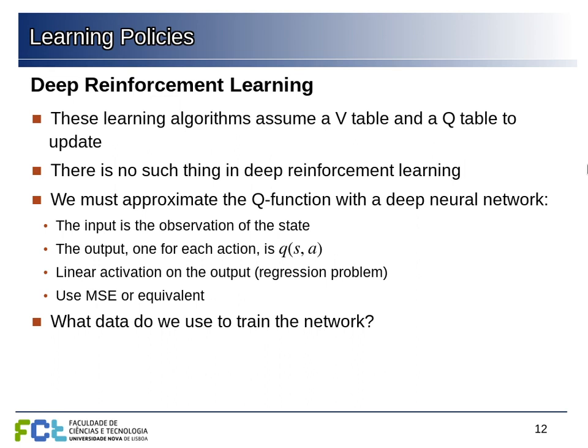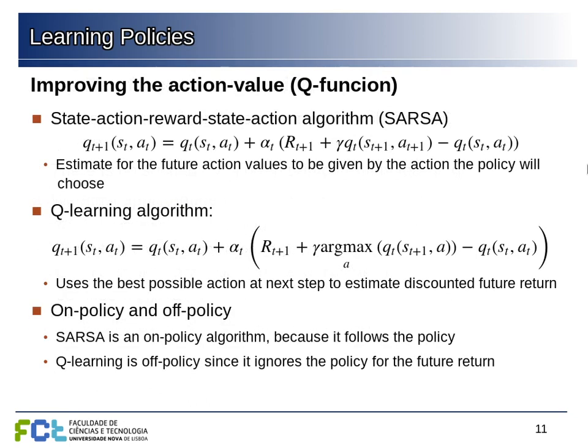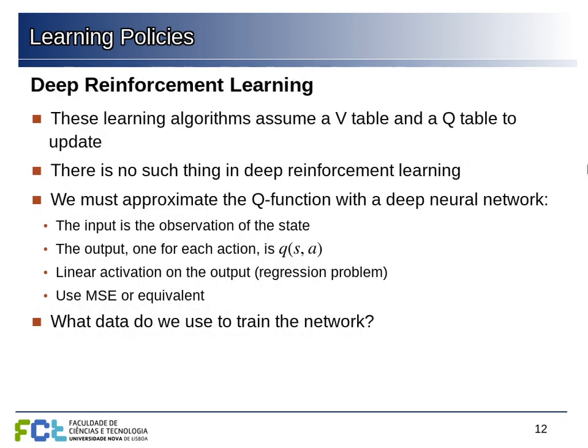So what we're going to do is to use a neural network to try to get an approximation of the Q function. Instead of having a table that tells us for each state and action what is the expected discounted return, we're going to train a neural network to tell us for each state and action what is the expected discounted return. And that network will capture what this table would be.